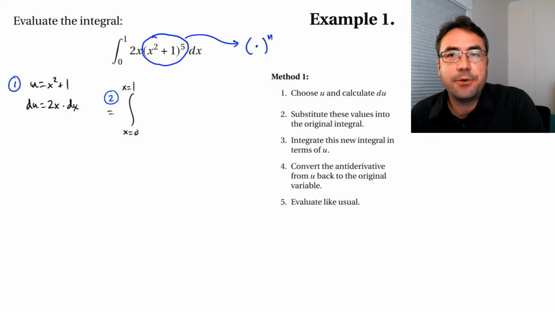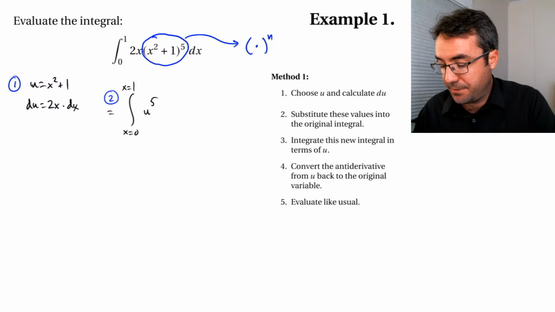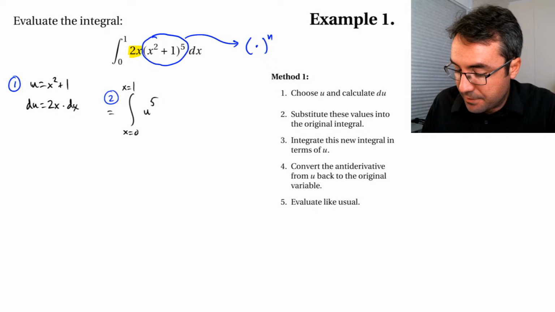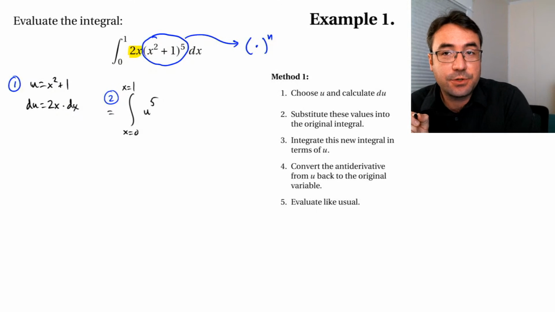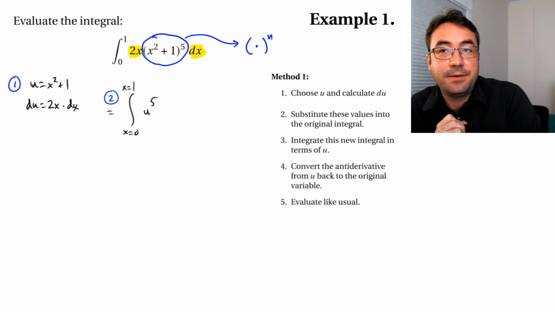All right, so now we want to convert this integral into u. And so that x squared plus 1 raised to the power 5, that's going to become my u to the power 5. And then I look at everything else. So I have 2x here, that's sort of an extra term. And I have my dx there on the other side.